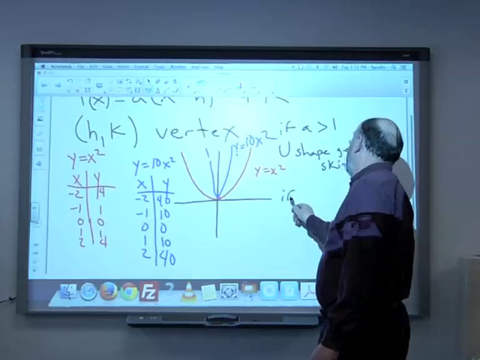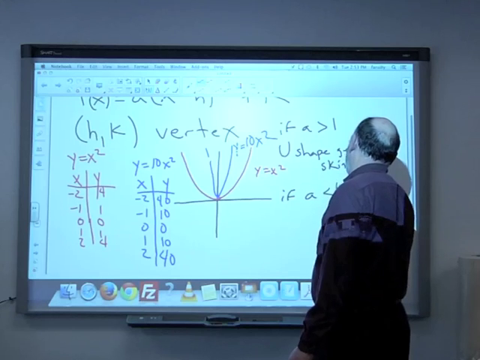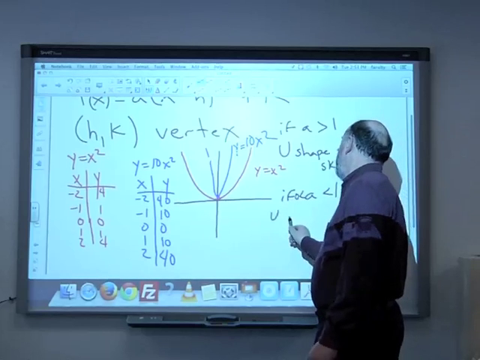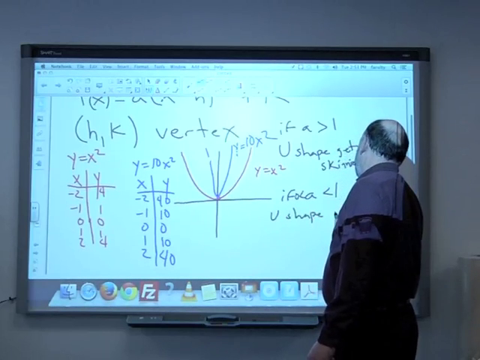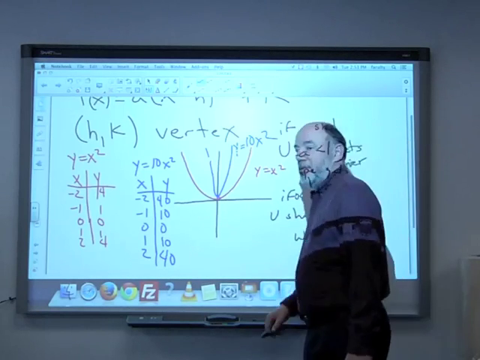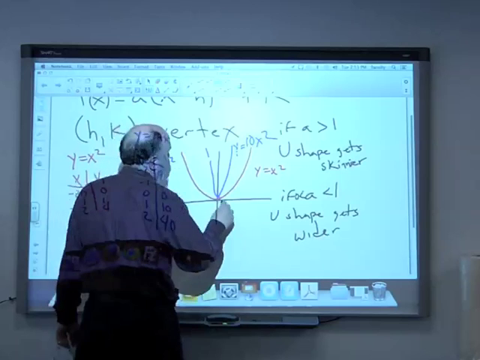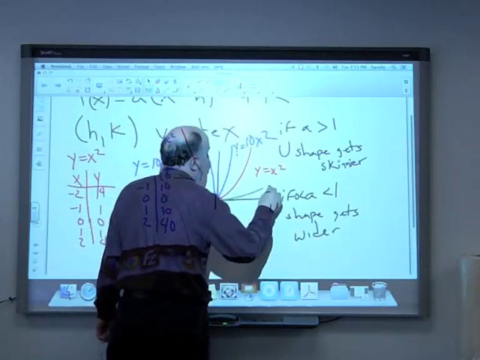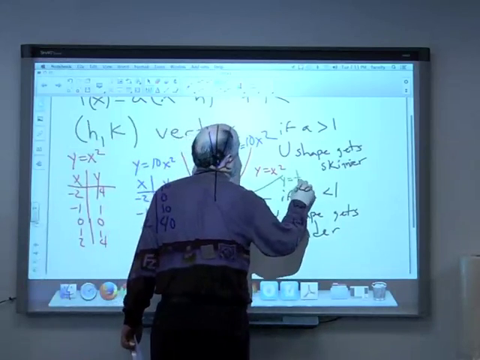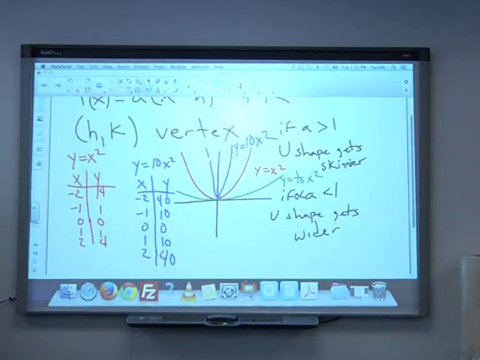So if A is less than 1 but greater than 0, then the U shape gets wider. That would be if I did this. So now this is going to be the graph y equals 1/10 x squared. It's going to flatten the curve out.